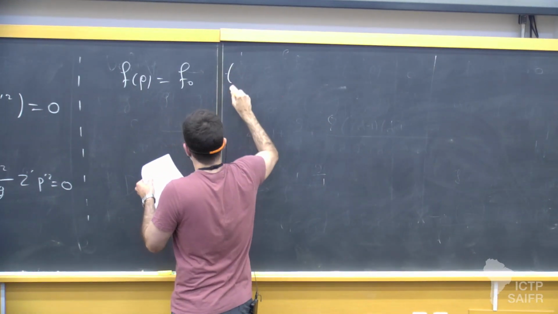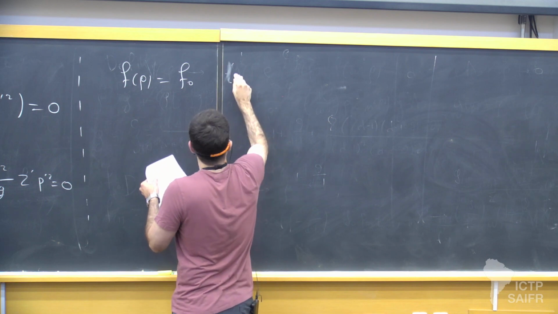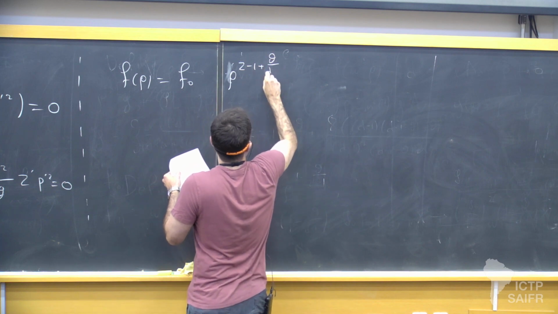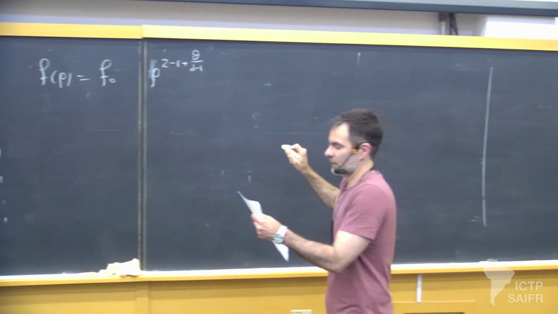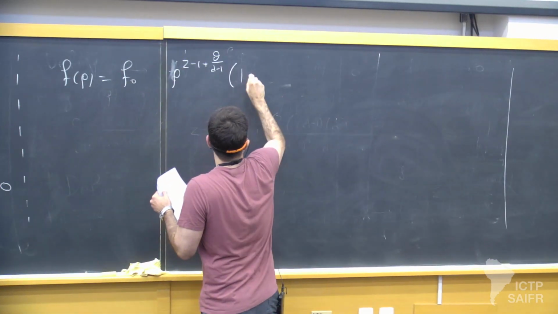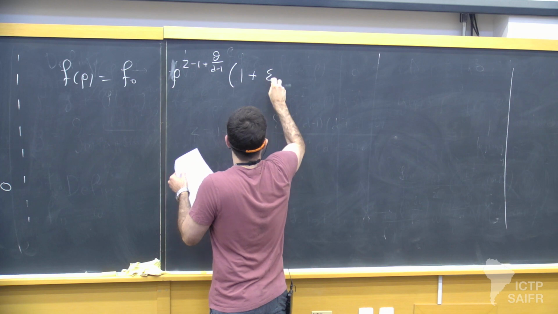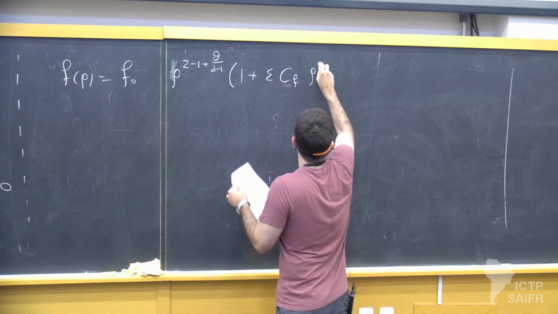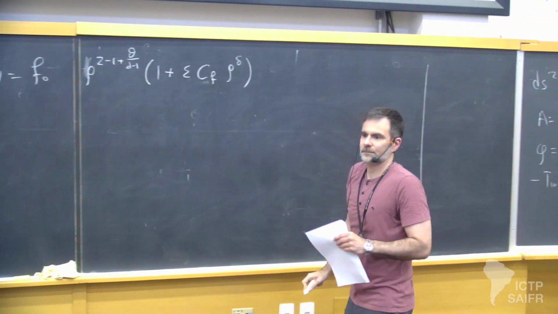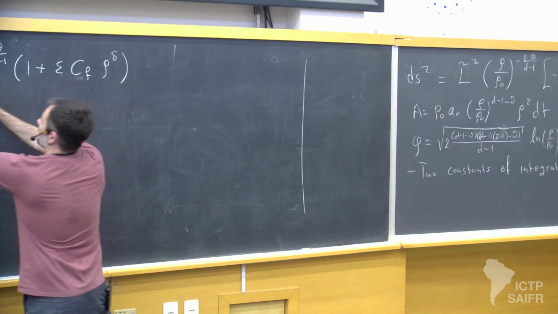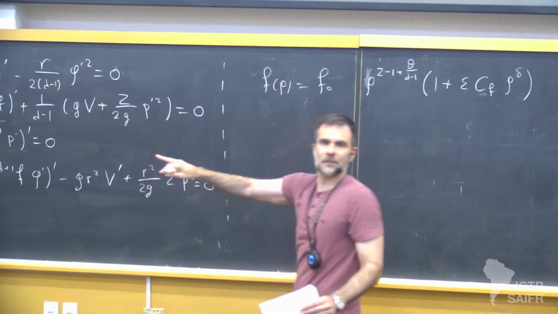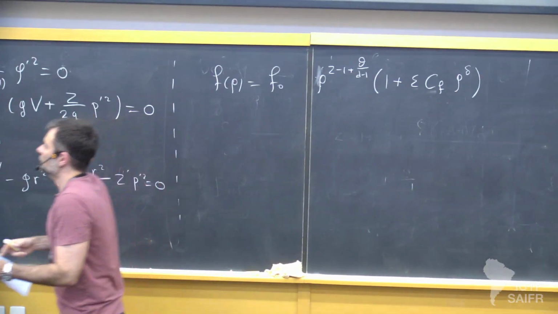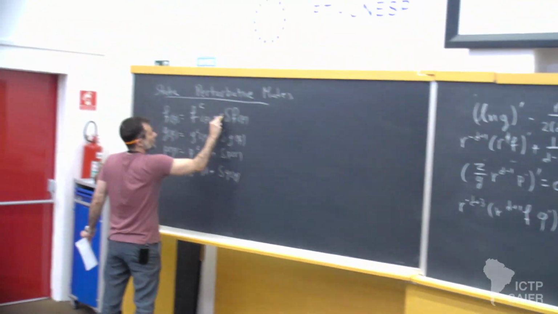So I want to write the perturbation in a special form. This part that I'm writing down is the background. Then there is some constant Cf, and then some power delta. This piece times that is what is delta f. And I want to expand things in epsilon. Let's do it like this.